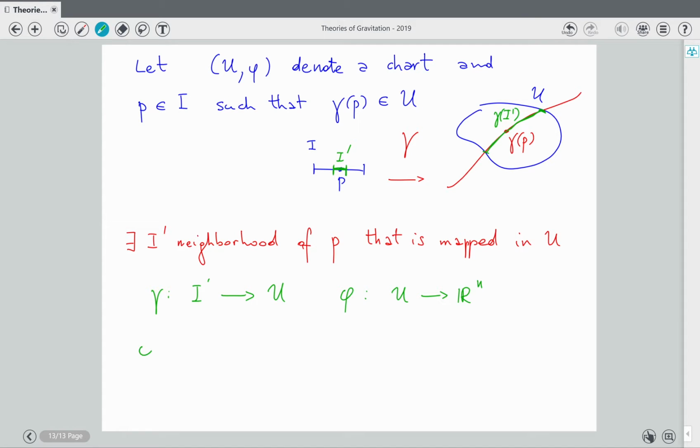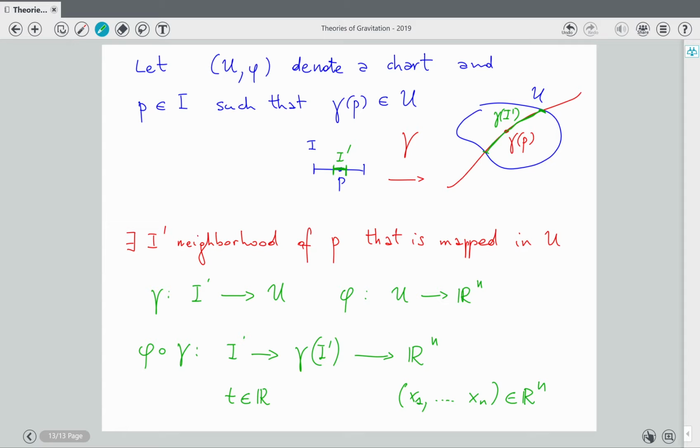And so we can build the composition phi composed with gamma. What is it? Gamma takes you from I prime to gamma of I prime, which is inside U, and phi takes you from gamma of I prime to Rn. So here you have coordinates of Rn, and here you have a certain coordinate t belonging to R.